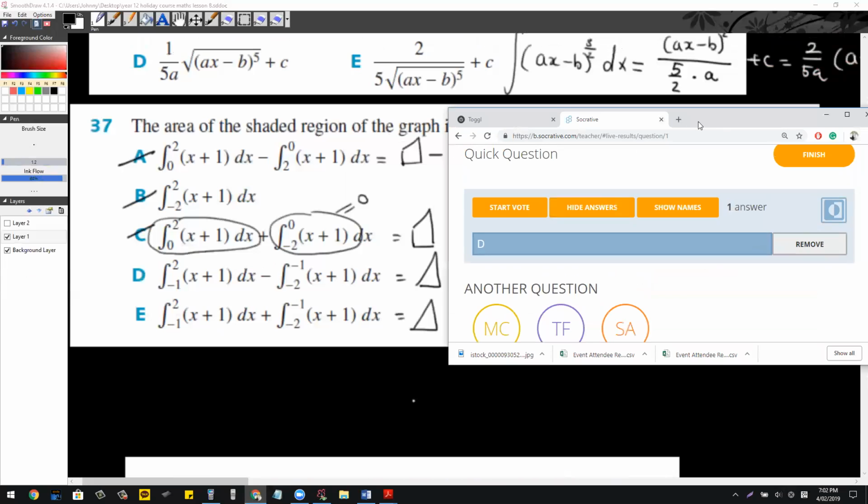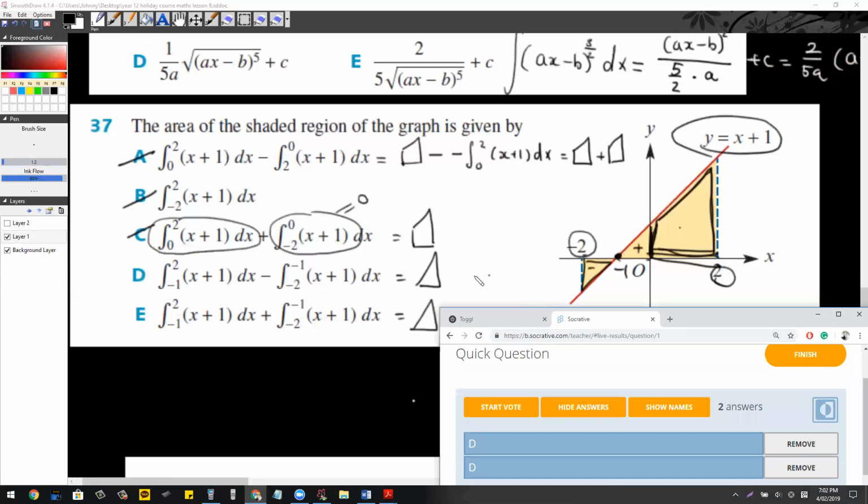Is that going to be D or E? So if we've only got two answers, it's very simple. You guys just have to make up your mind, D or E. All right, waiting for two more answers.